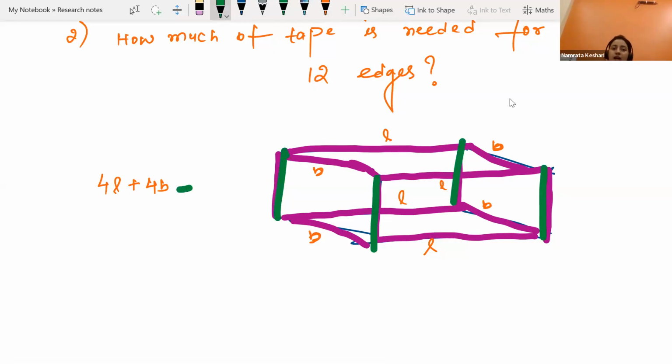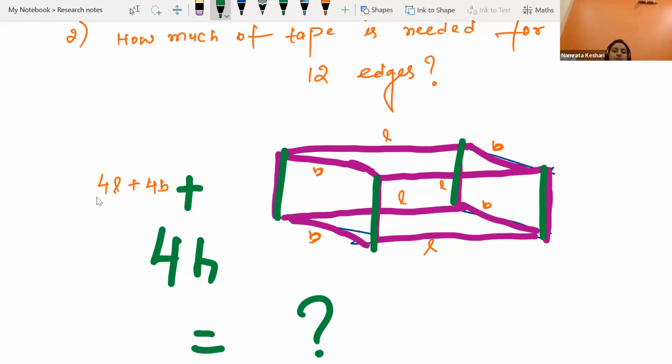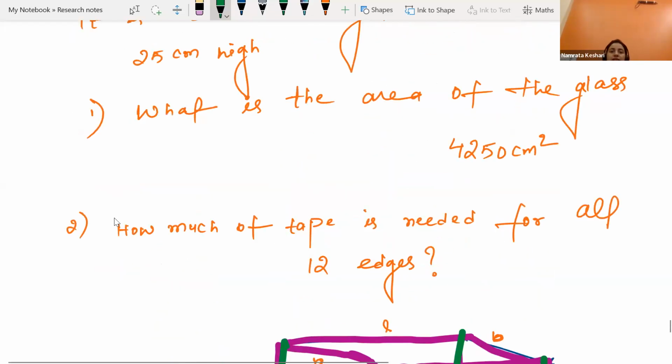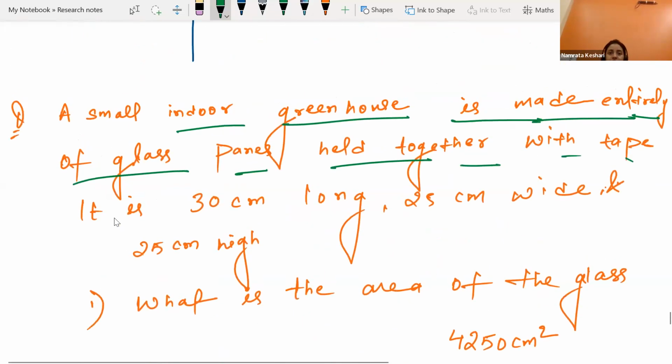Four heights are there. Are you getting it, everyone? Yes, ma'am. So four lengths, four breadths, four heights are there. Length we know, breadth we know, height we know. By adding all of them, we just have to find the total length. Let's find it. Length, breadth, height is written over here.